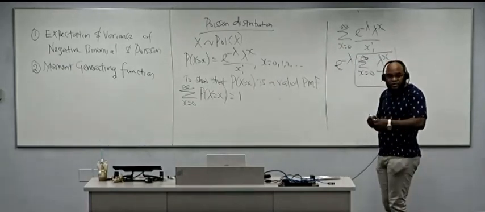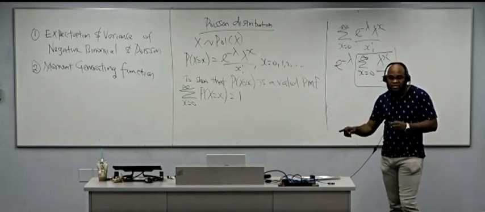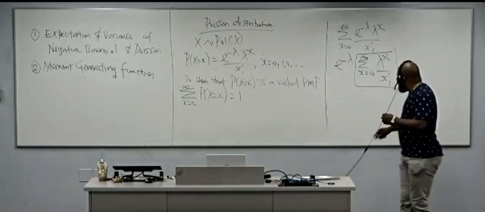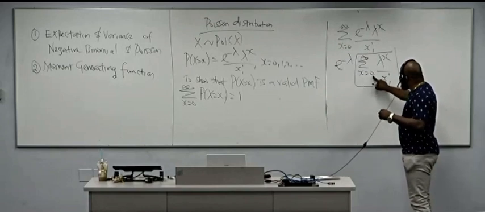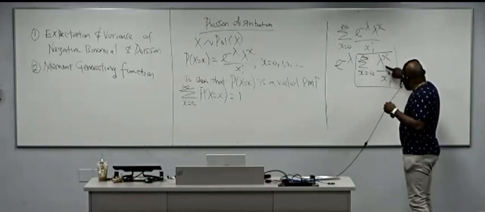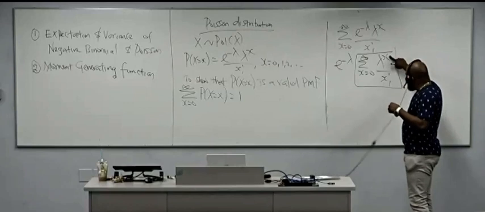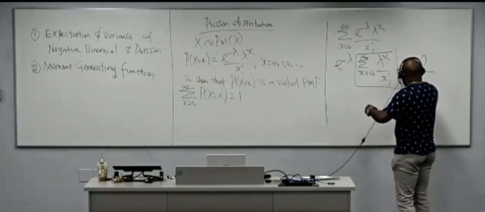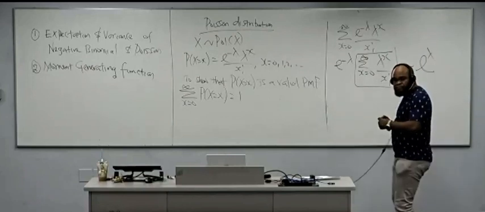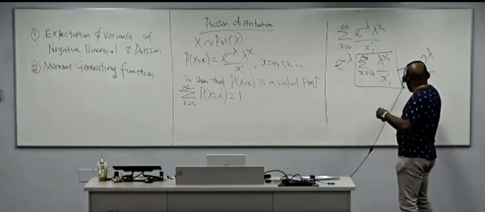If you want to go by way of the Maclaurin series in mathematics, a situation where I have something summing from x equals 0 to infinity, and lambda has a power of x divided by x factorial, this is the same thing as exponential of lambda. You know why?